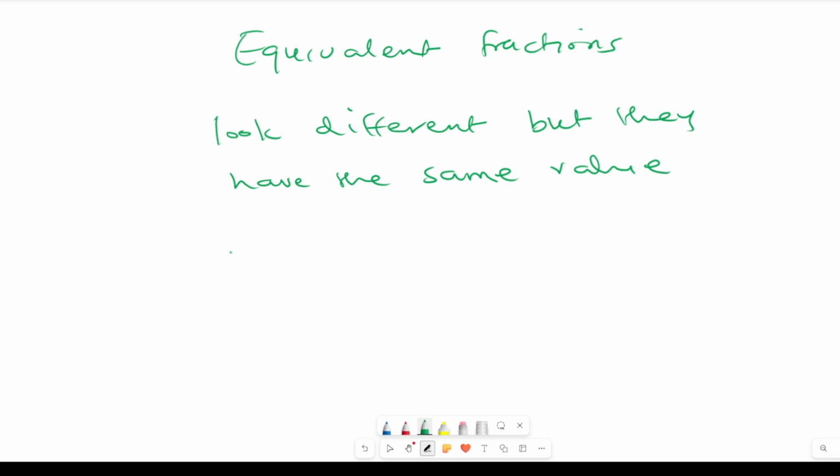So, what are examples of equivalent fractions? 2 over 3 and 14 over 21. These are equivalent fractions. They look different. They are not even made of the same numbers. But what is the value?